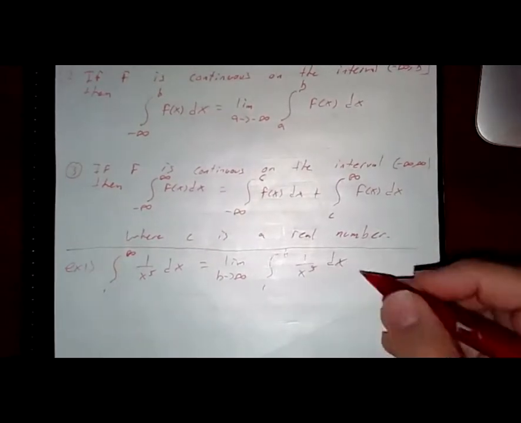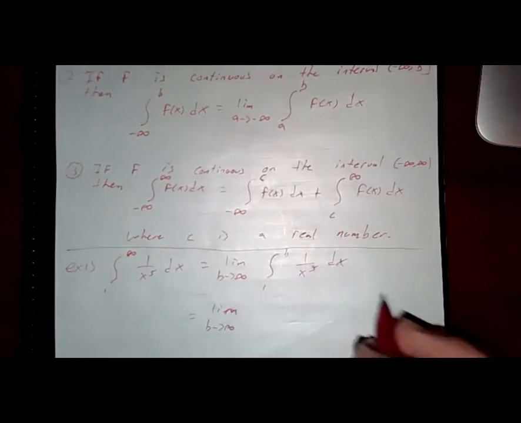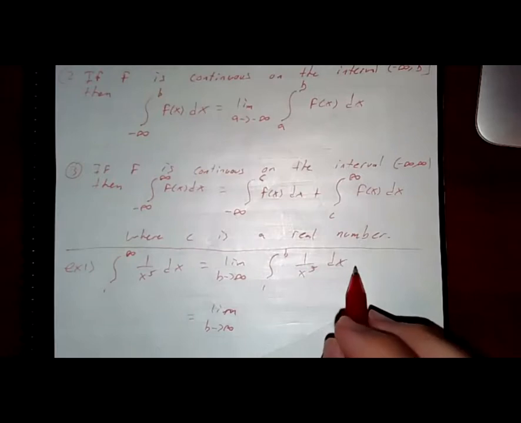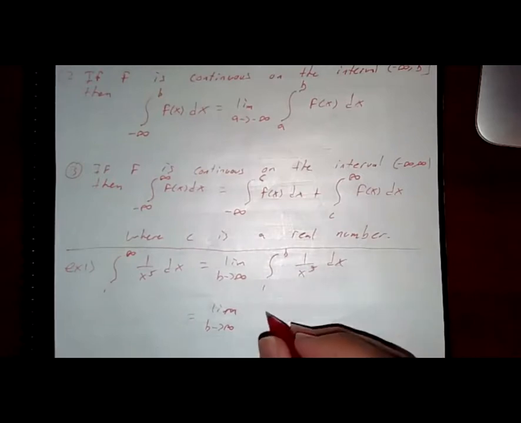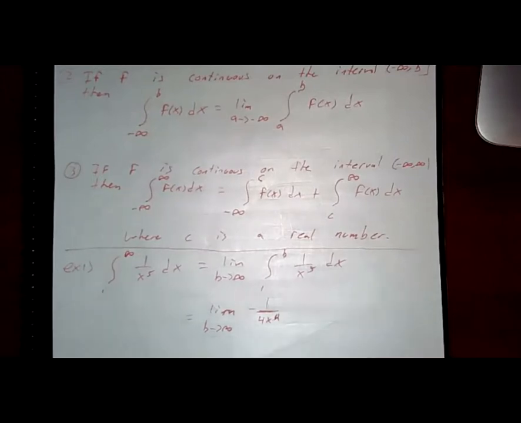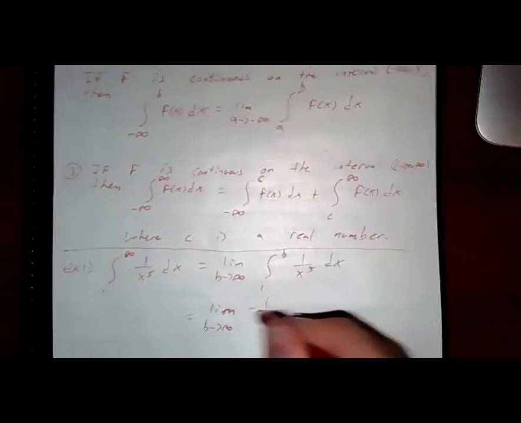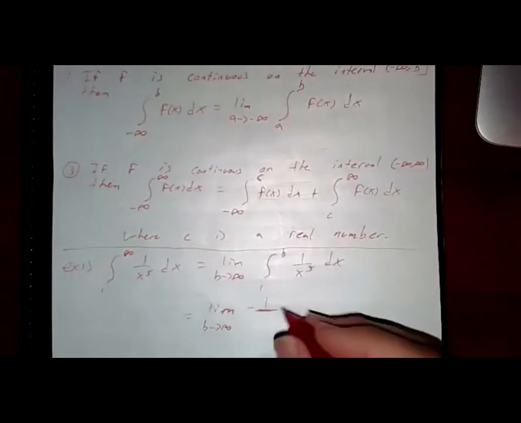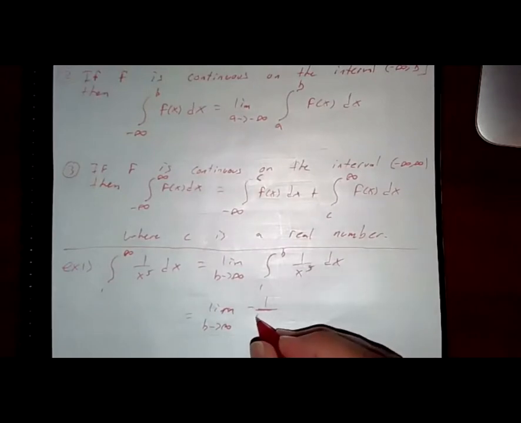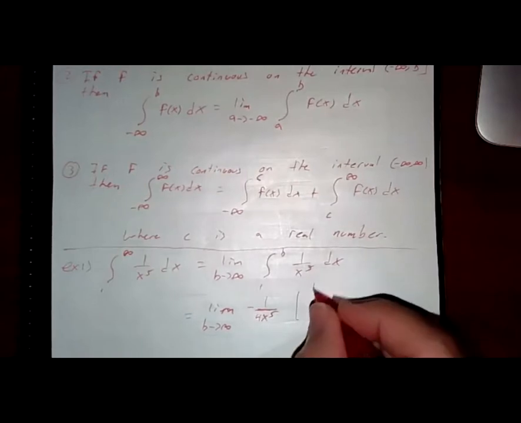So do your integral here, and you're going to get the limit. The limit stays until you evaluate the integral. So that would be negative 1 over 4x to the 4th, from 1 to b.